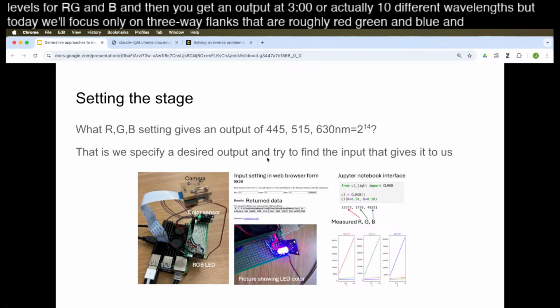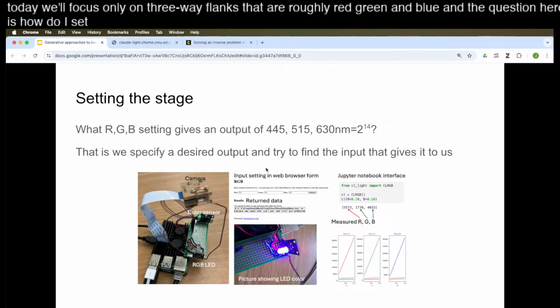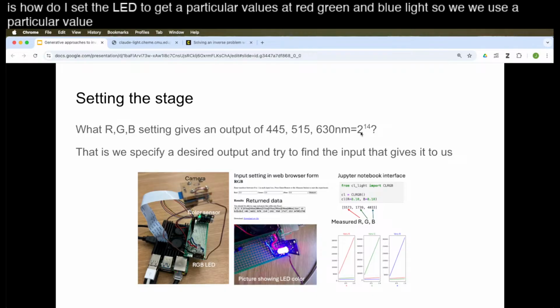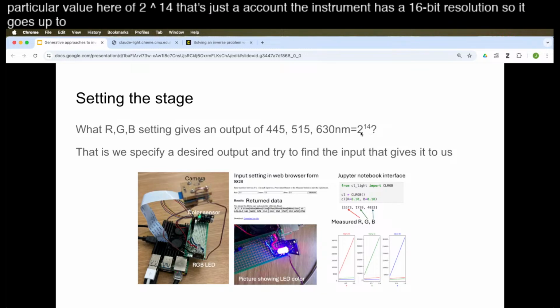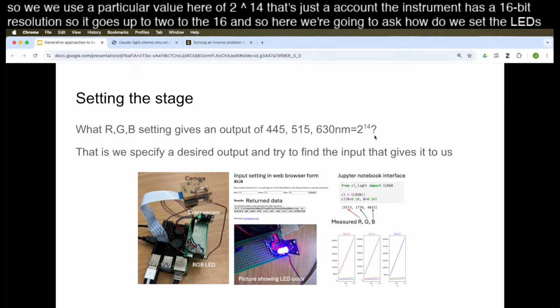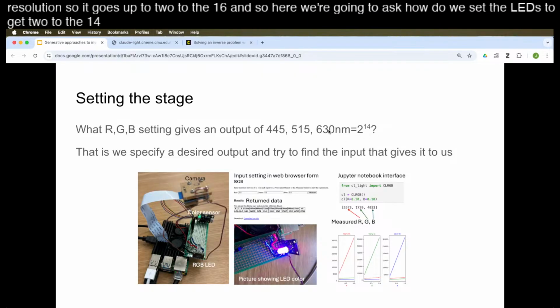And the question here is, how do I set the LED to get particular values at red, green, and blue light? So we use a particular value here of 2 to the 14. That's just a count. The instrument has a 16-bit resolution, so it goes up to 2 to the 16. And so here we're going to ask, how do we set the LEDs to get 2 to the 14 in each one of these channels?